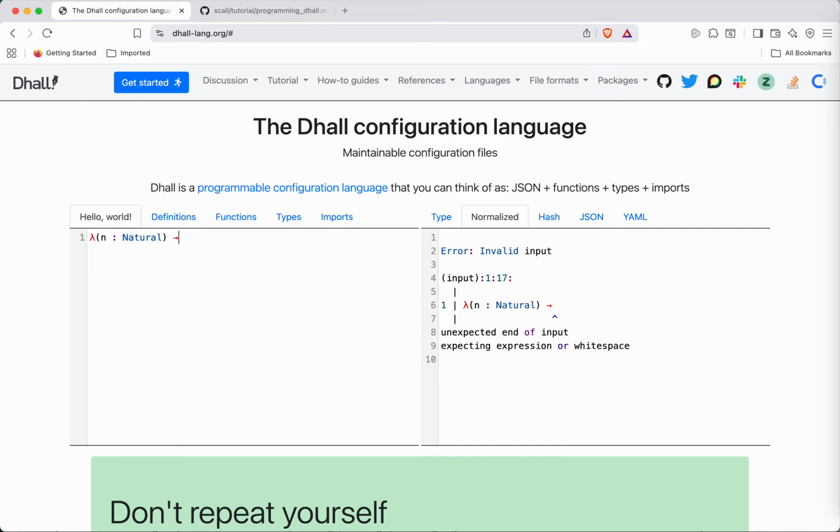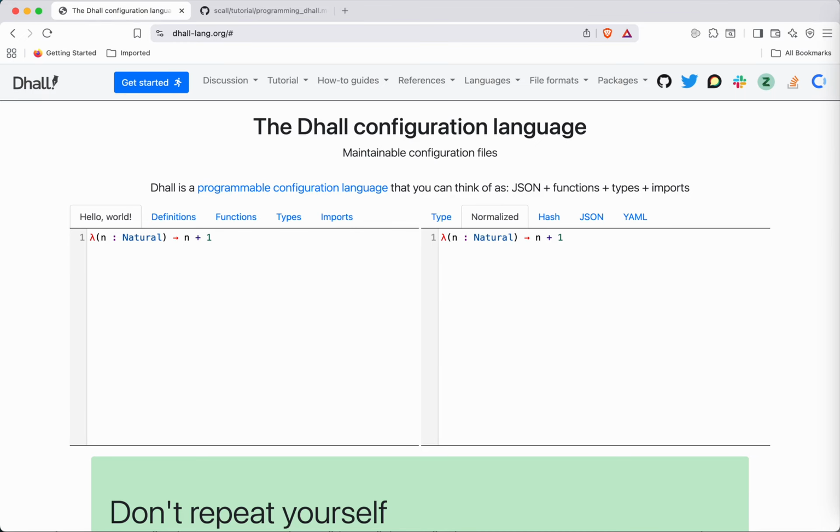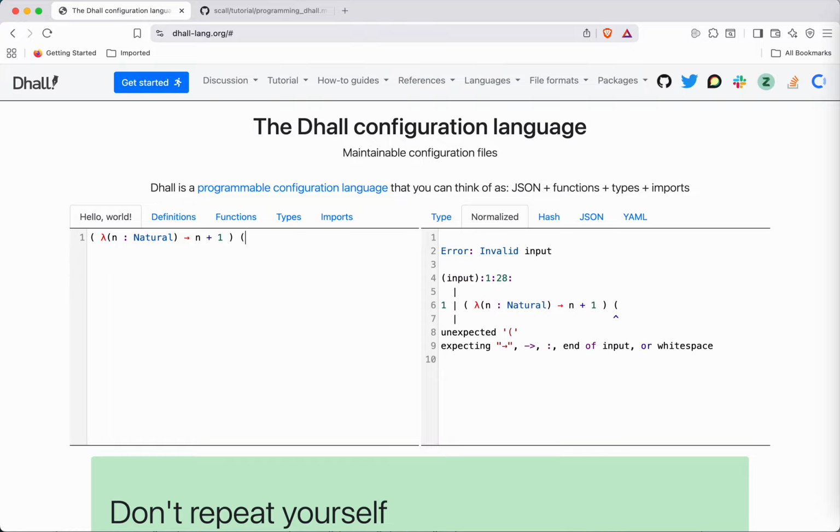This is how you would write some code in that language. And you see it's a lambda calculus in a syntax that looks like this, which is fairly readable. And let's see, you can apply this lambda function to some expression.